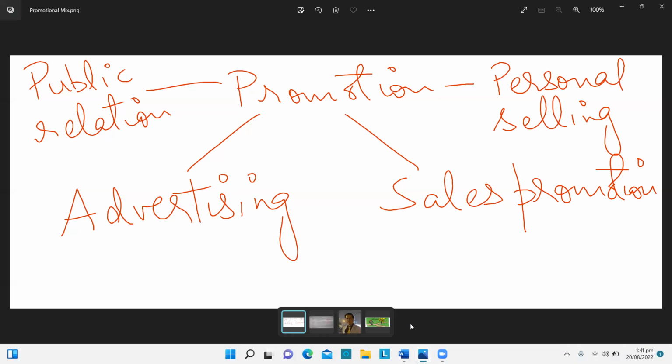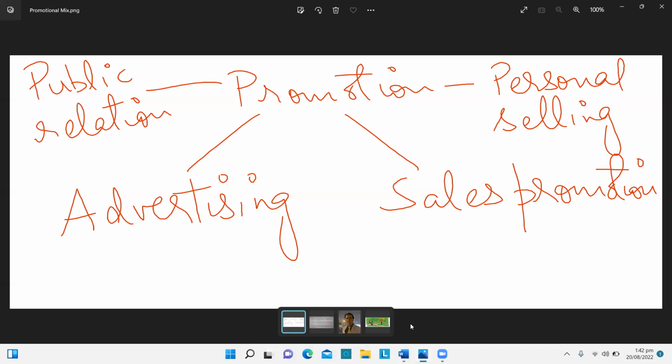And that is only possible when you come up with different offers such as buy one get one free, or 50% off, flat 70%, stuff like that. That is sales promotion. And it does not give any kind of image to the people. People feel it's cheap, they buy it. Advertising actually creates an image of the product as well, and apart from that, it informs people about the suitability of the product.